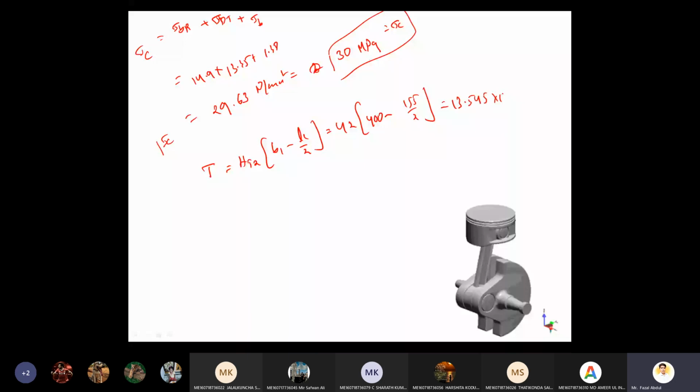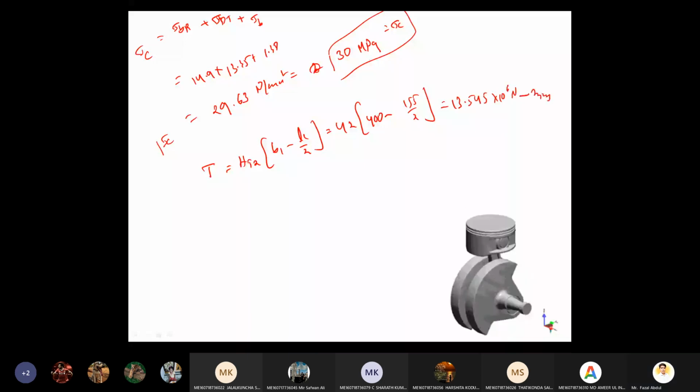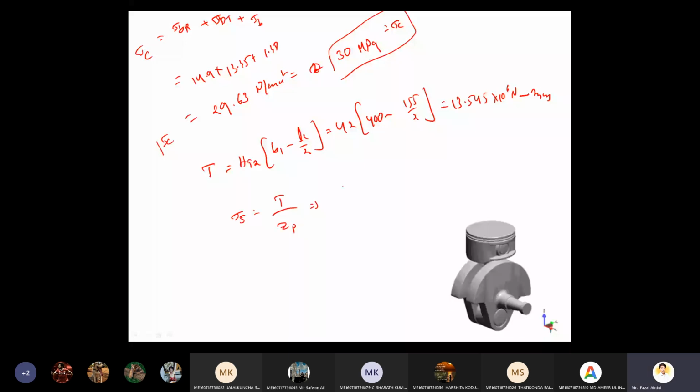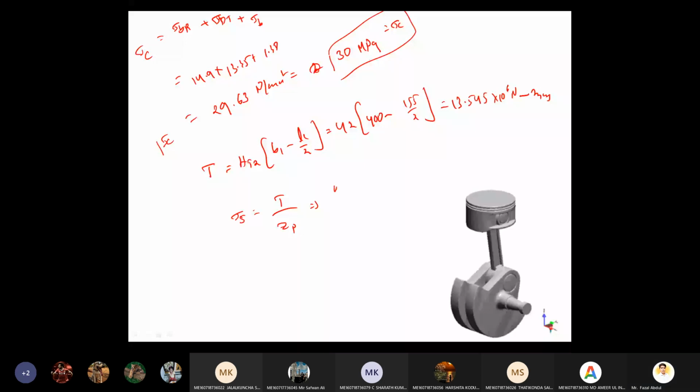And the shear stress on the crank arm is the shear force by the section polar moment of inertia, that is 4.5 T by W T square.